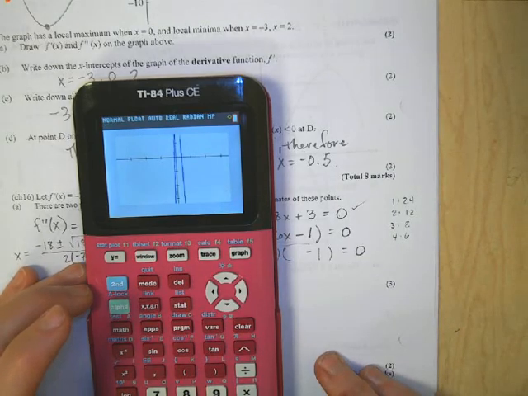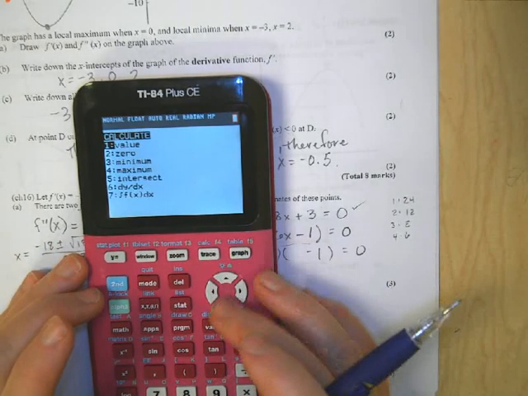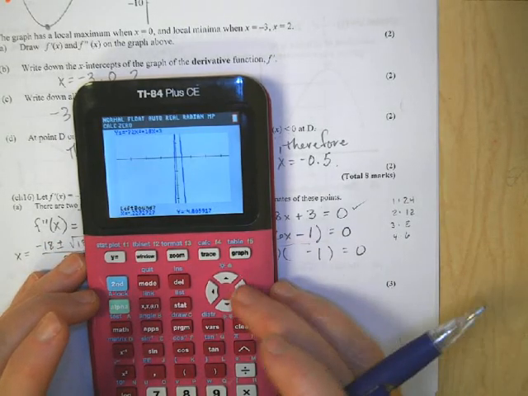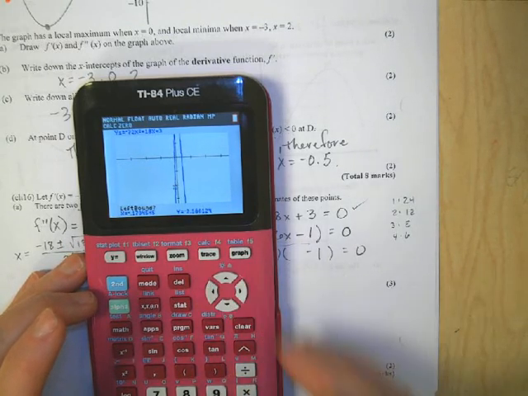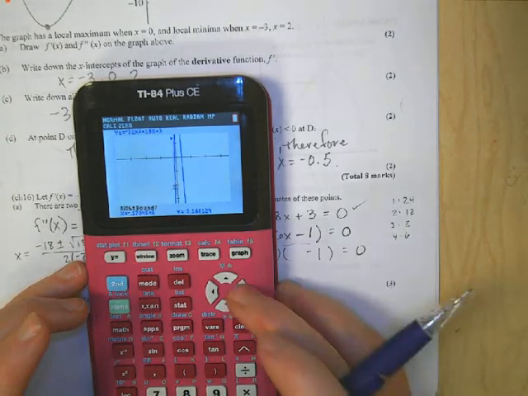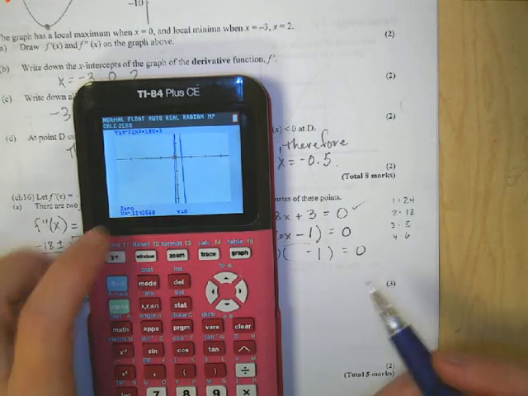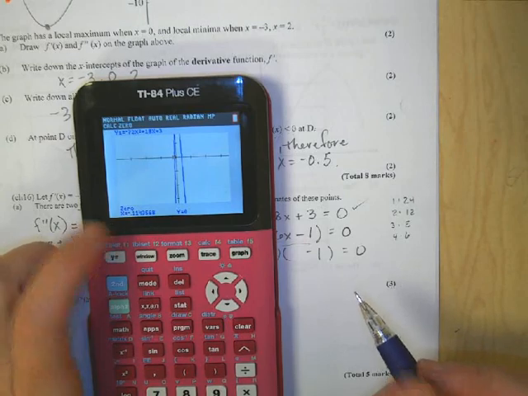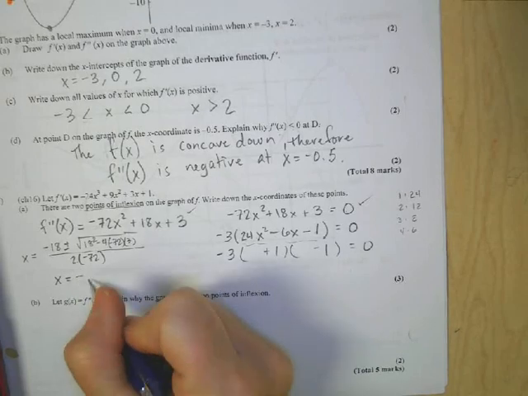There we go. All right, so second calculate zeros. And left bound, where am I? There I am. Why is this jumping so much? Enter, right bound, enter, and guess. So it gives me negative 0.114. So x equals negative 0.114.